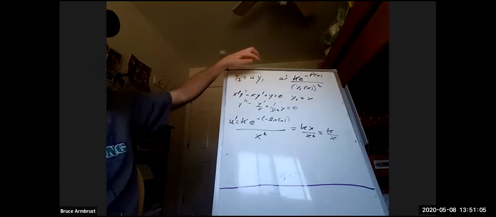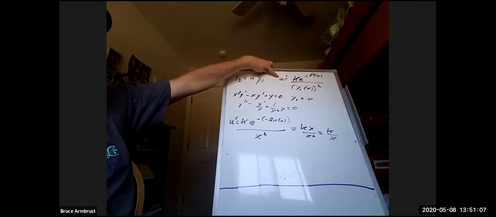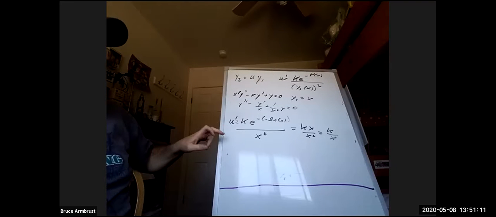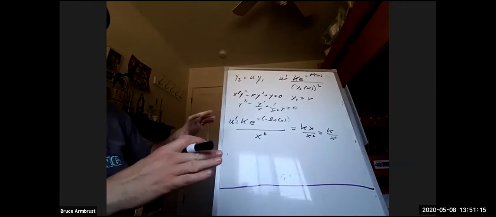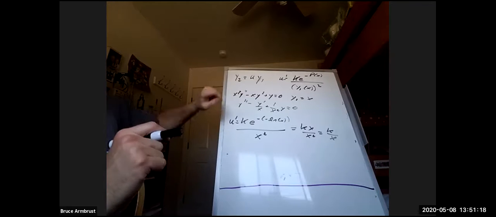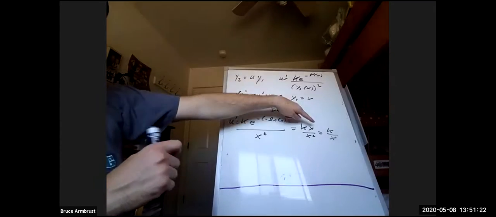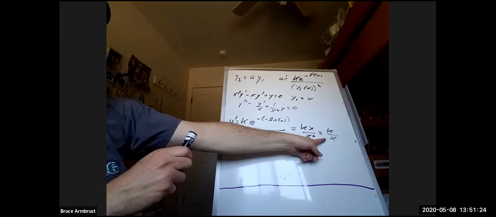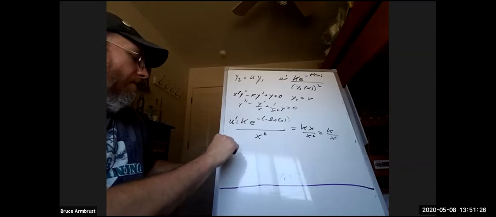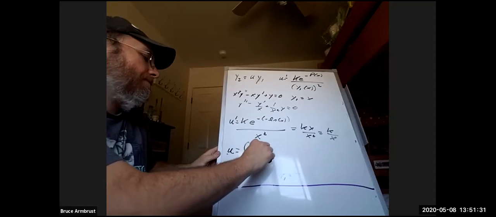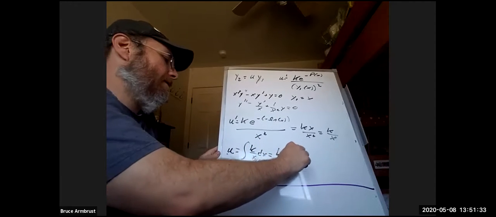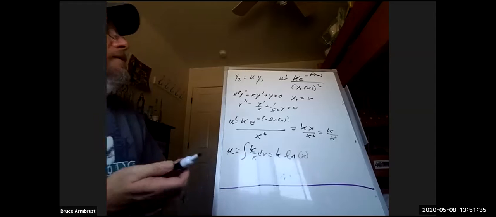Okay, so that just means that when we get to whatever this u prime is, then we integrate to figure out the u. Thank you for mentioning that because I was definitely going to go to a problem spot for sure. If u prime is equal to k over x, we integrate that to find u, which in this case is going to be k times the natural log of x.